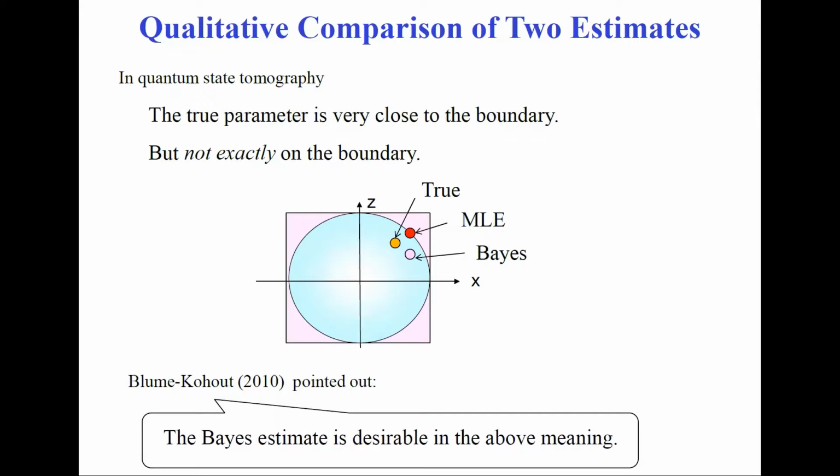However, the maximum likelihood estimate as a maximizer often comes on the boundary of the parameter space, like this diagram. The true parameter is very near but not on the boundary. So we want to estimate the true parameter theta, and the MLE often has a certain bias. Thus, Blume-Kohout, in his article, said the Bayes estimate is desirable in the above meaning.